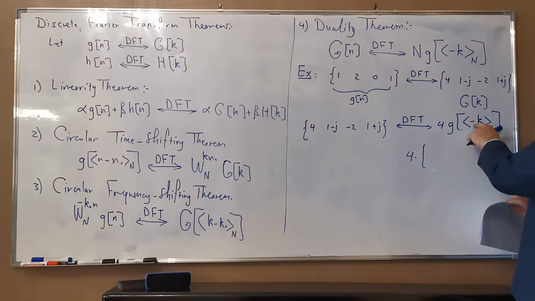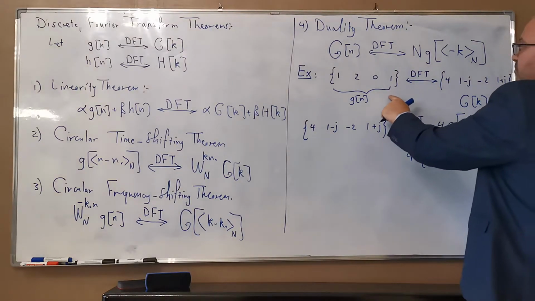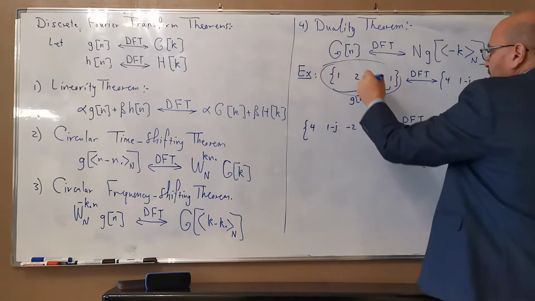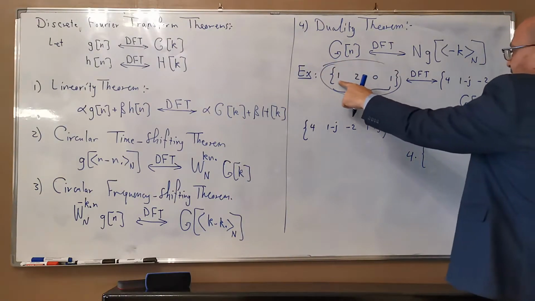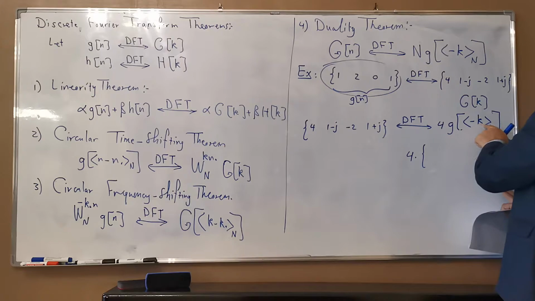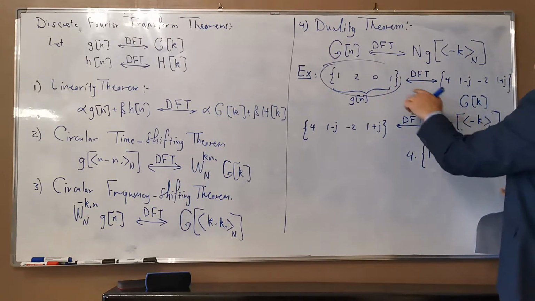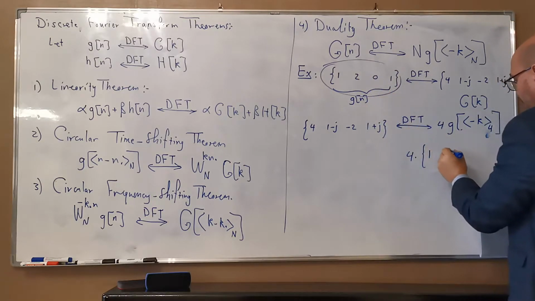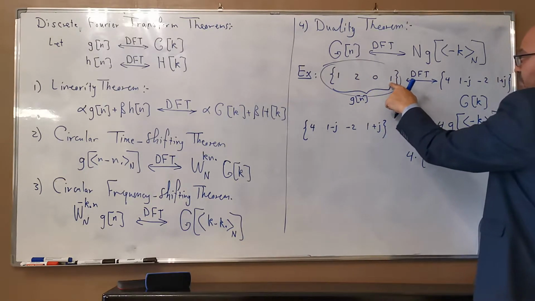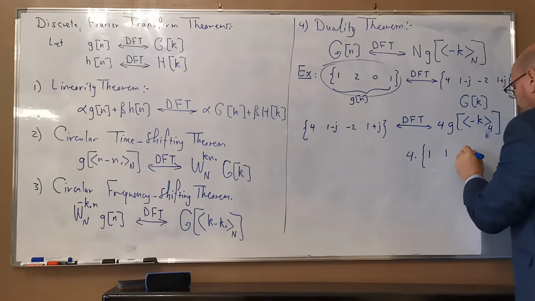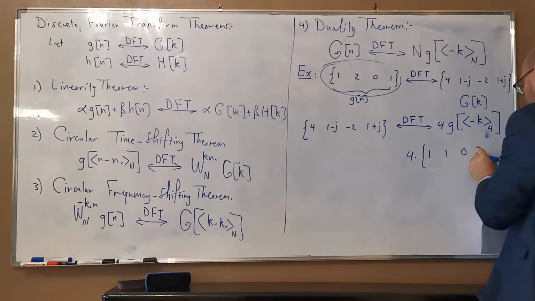Now, the inversion of minus K modulo 4 for this G of N here: the first element is the same. G of 0 modulo 4 is the same as 1. Now the others will be flipped. So this one will be 1, which is this one, then 0, and the last one will be 2.